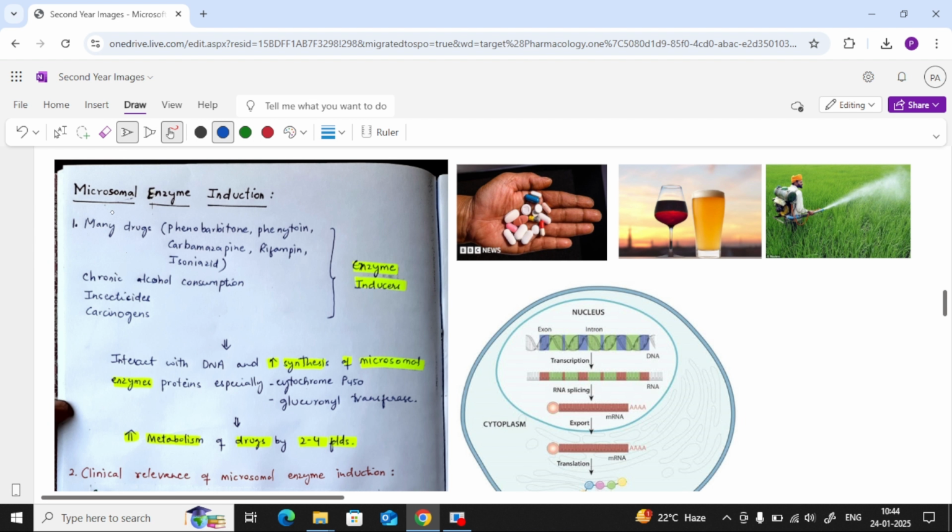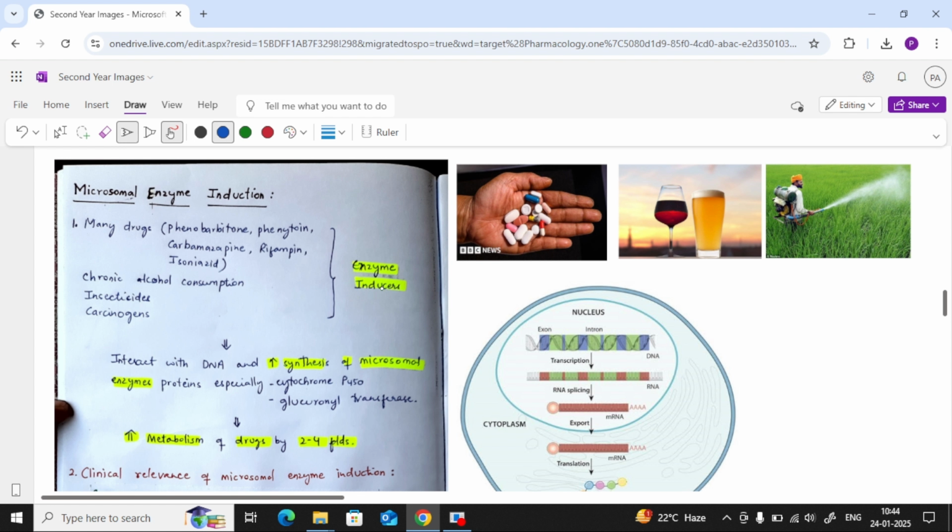Till now we understood what microsomal enzymes are. Sometimes some drugs, chronic alcohol, or insecticides, and many drugs like phenobarbital, phenytoin and carbamazepine, which are anti-epileptic drugs, and rifampin and isoniazid, which are anti-tubercular drugs, and also chronic alcohol, insecticides and some carcinogens, are called enzyme inducers.